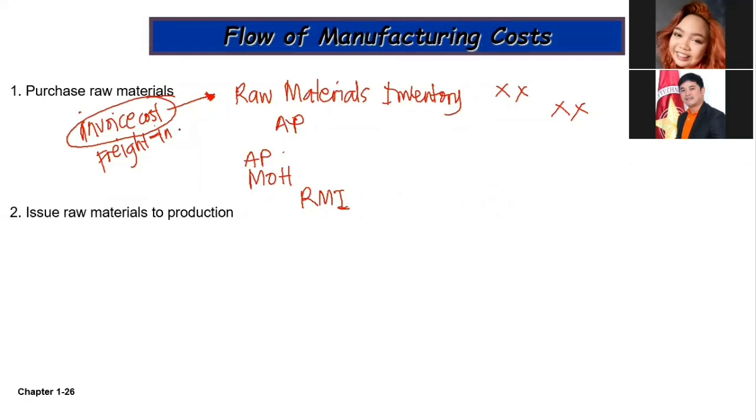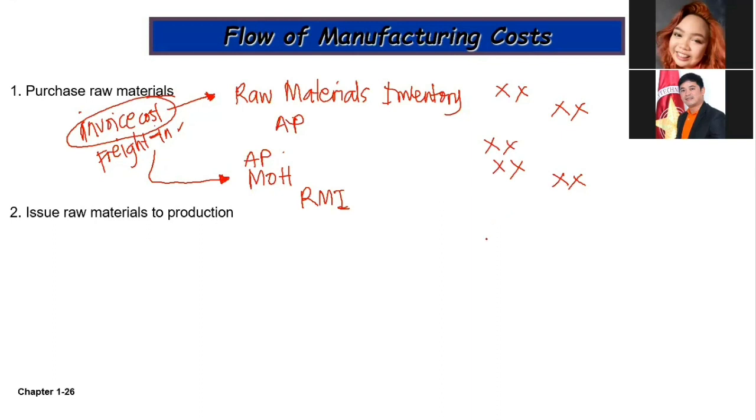So meron na kaagad tayong loss on that part, and that loss, since related sa raw materials inventory natin, would be included as part of your overhead also. Okay? So, pero we will go into details pagdating natin ng accounting for materials. So please remember this part.